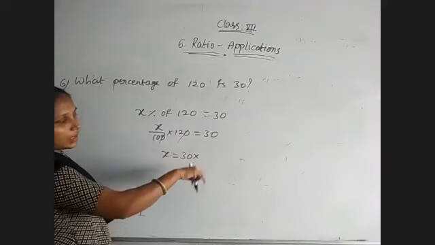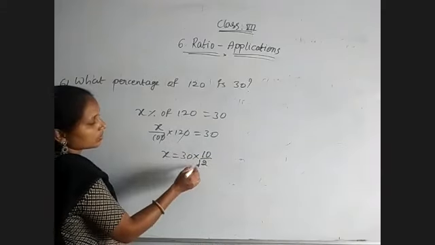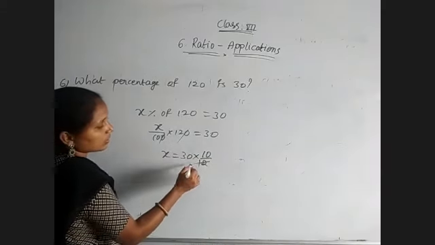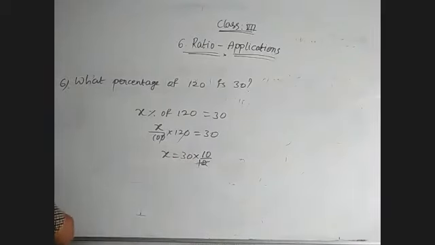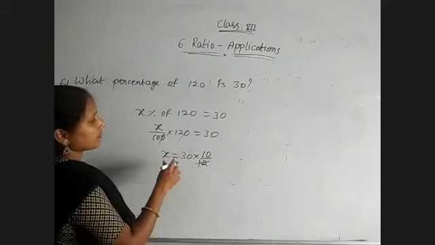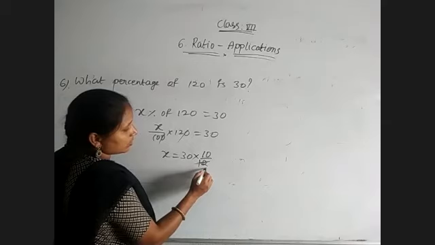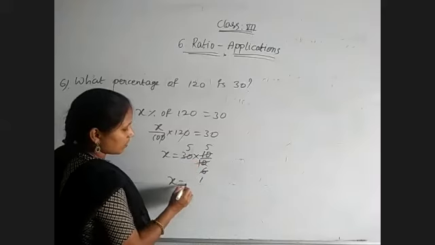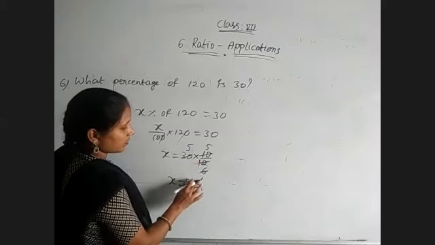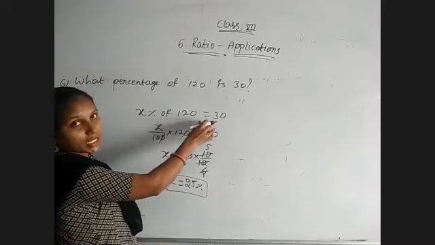By bringing this to the other side, it will become the reciprocal. 2 6s are 12, 2 5s are 10, 6 1s are 6, 5 5s are 25. So x will be equal to 25%. Means 25 percentage of 120 is 30.